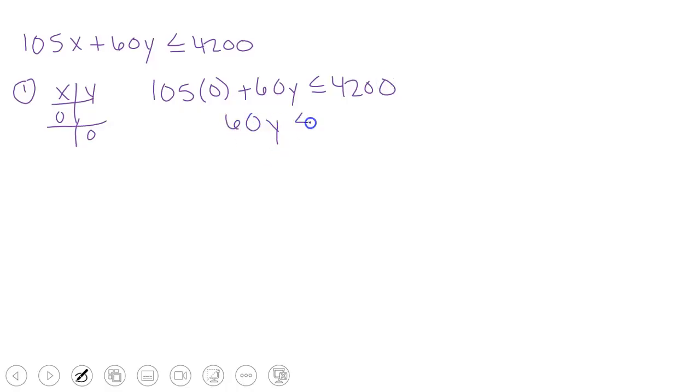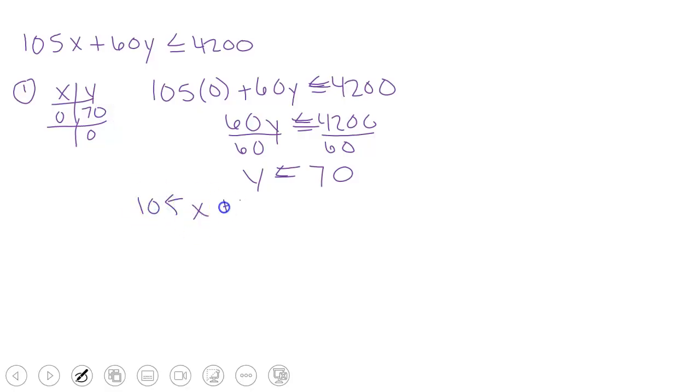So 60y, divide by 60 on both sides. So my y equals, and again, you can change this to equals. When you get to the intercept stage, you can just do equals or just keep bringing it down if it doesn't mess you up. So y is 70. Now I'm going to start over, and instead of y, I'm going to put a 0.